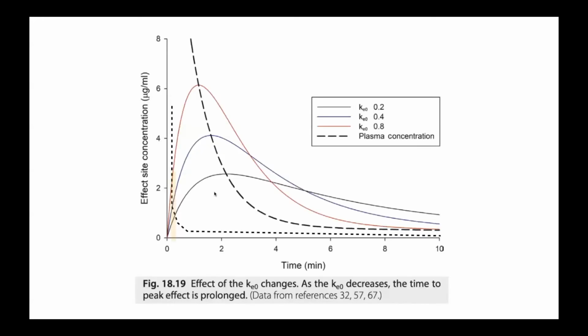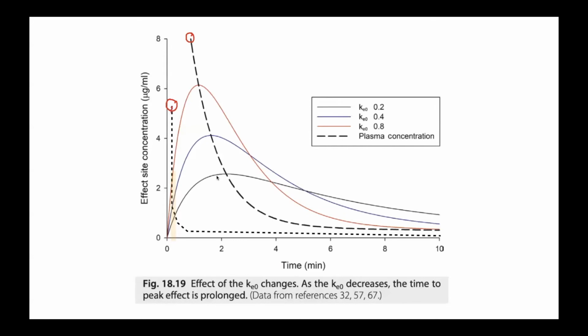Let me draw this graphically. So this is that original graph. And now we've got a drug which is eliminated and distributed from the central compartment rapidly, which means that it reaches a lower peak. So this is the original one. And then this is the new one with the increased distribution, increased elimination, it reaches a lower peak.